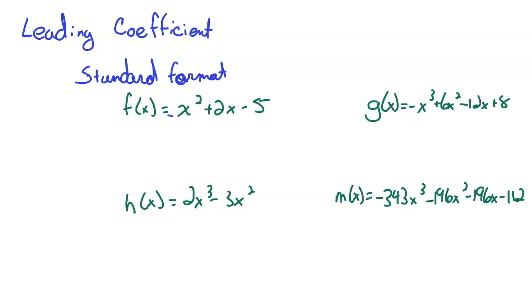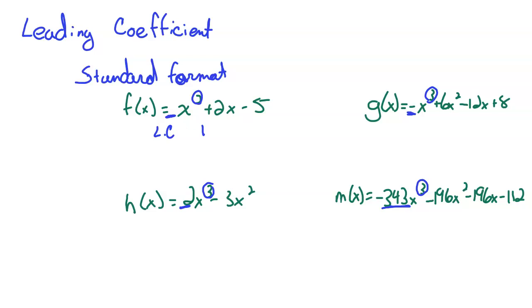So we would look for the largest exponent of the x's, and then we would pick off the number that's in front of it. So in the f of x, our leading coefficient would be, not a negative 1, but a positive 1.